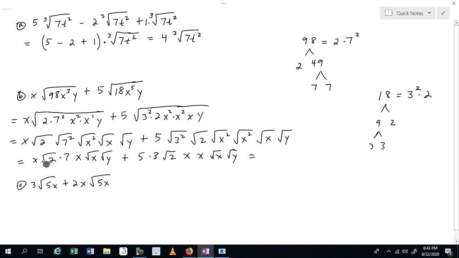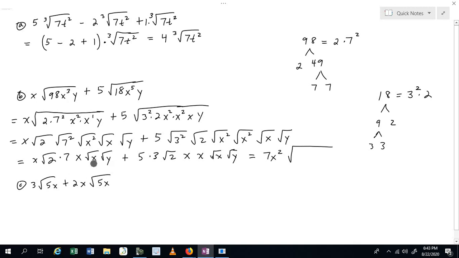Okay, so let's see what we're left with. I'm going to rearrange the order in which I multiply all this. So it's really 7x squared, because you've got 2 x's there, times the square root of 2xy.